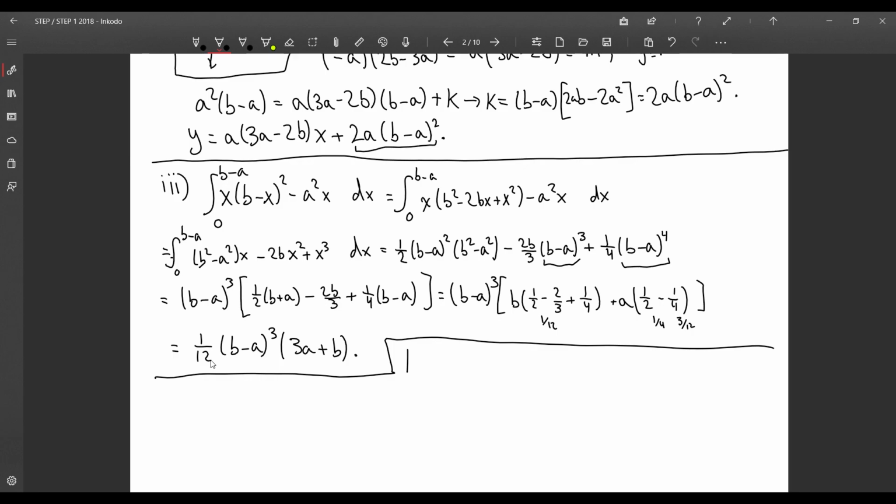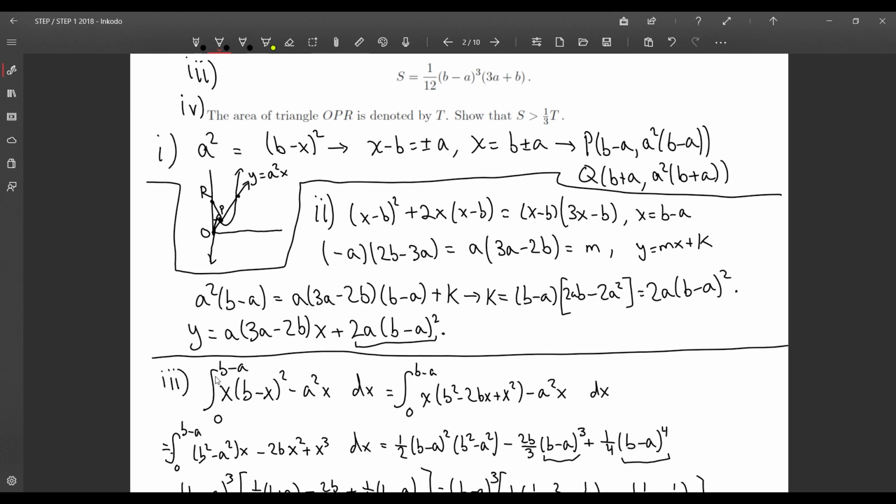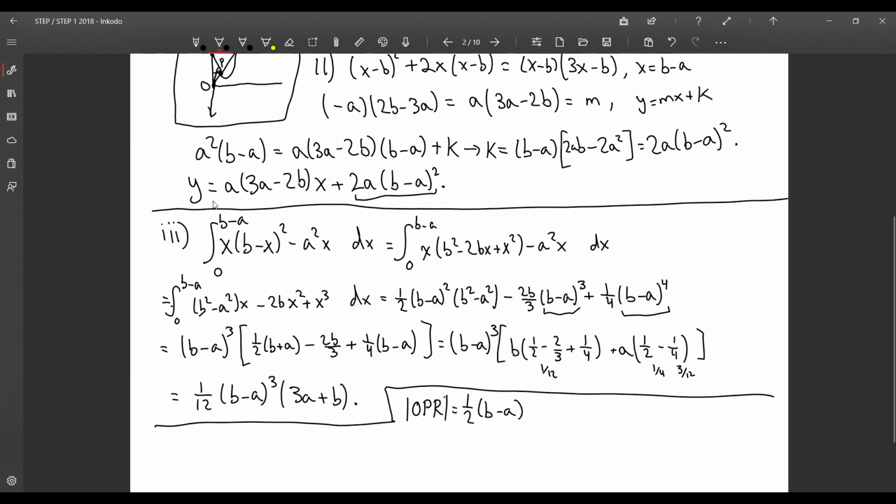The area of OPR is going to be 1/2 times b minus a. So we can consider this to be the height of the triangle, and then the base is where R is, and that's 2a times b minus a squared. So that's a times b minus a cubed.